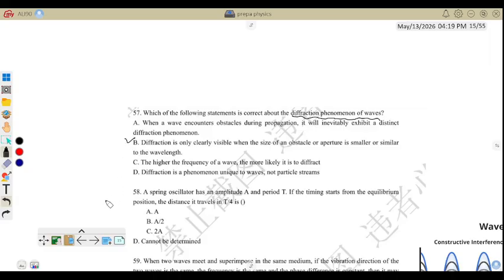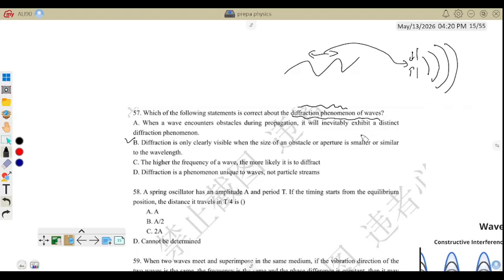That is the condition to observe the diffraction phenomenon clearly. So the wave must have a wavelength comparable to the obstacle or aperture here. This open area must be close to or smaller than the wavelength, so we can observe the diffraction phenomenon. So it's not A, it's B.